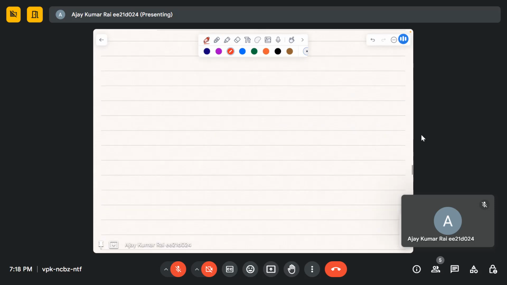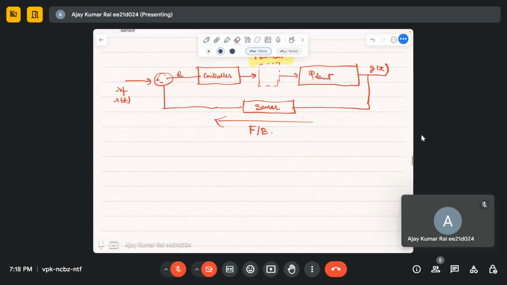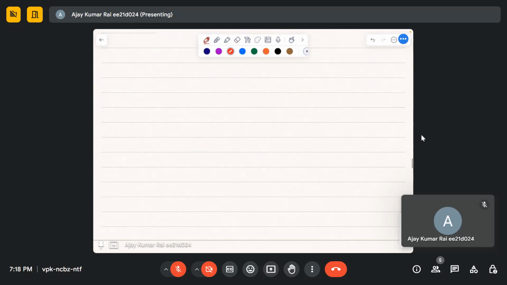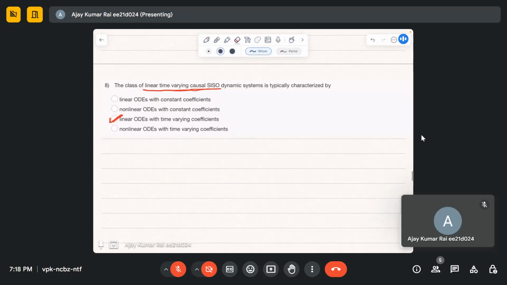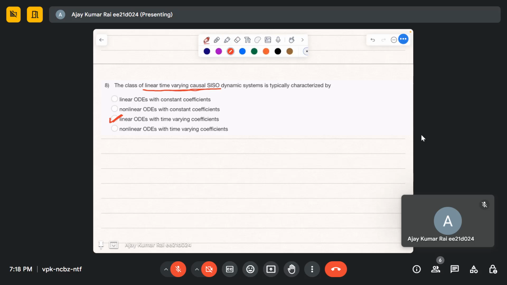We have seen this in the previous example also, the t into u(t) problem. The coefficient is time varying. So this is not an ODE, not a differential equation, but a linear ODE with time varying coefficient is what we have seen in the lectures also.